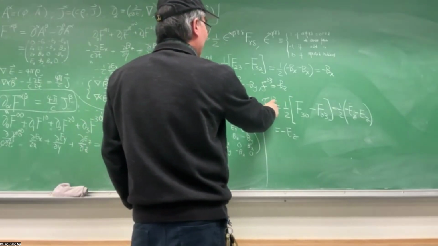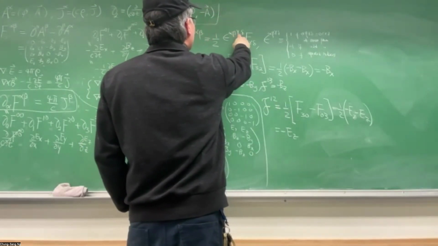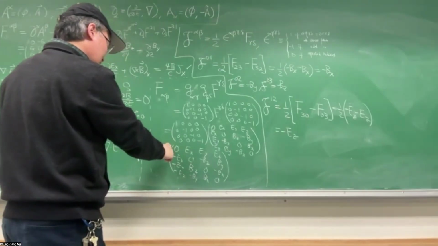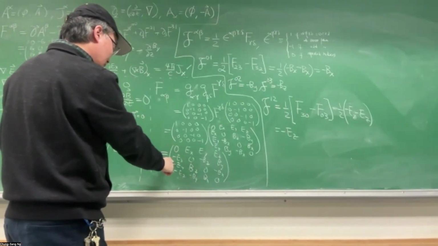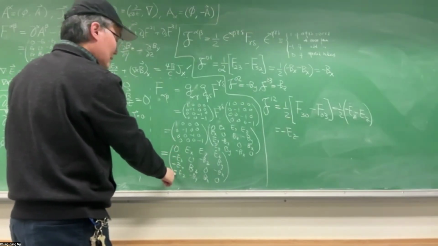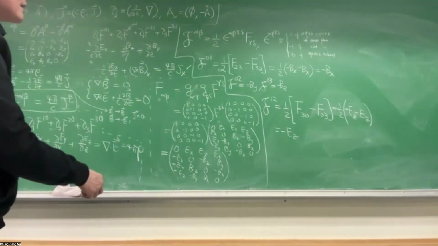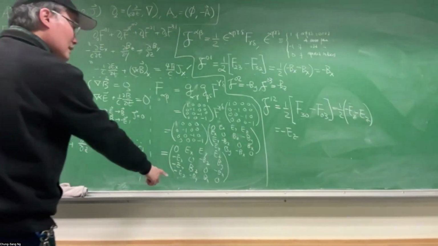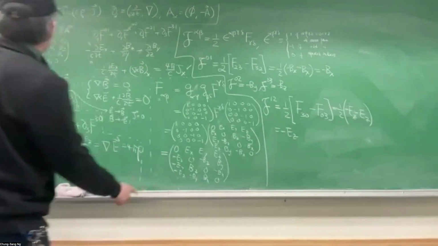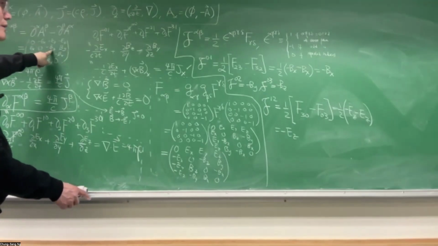The script F is 1, 2, 3, 0. 3, 0 is 0, 1, 0, 0, 1, 1, 1. 0, 0, 1, 0, 2, 0, 3, 0. 3, 0 minus EZ. Minus EZ.